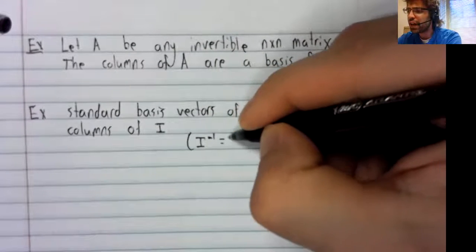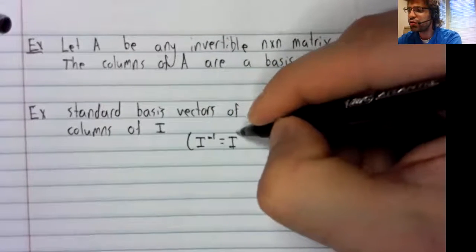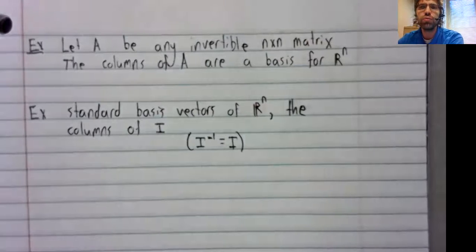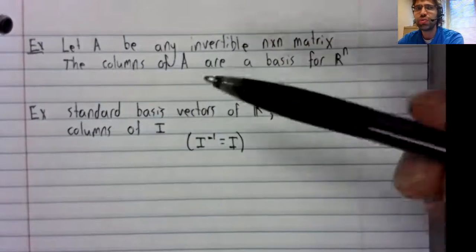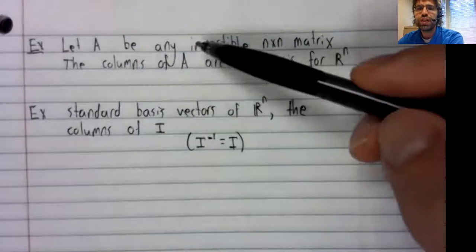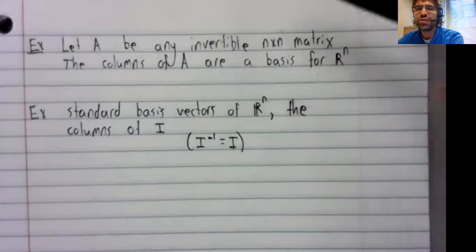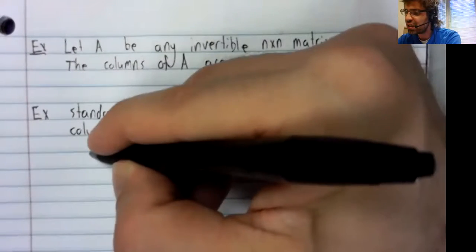As a matter of fact, the identity matrix is its own inverse. So this previous example says this is a basis.